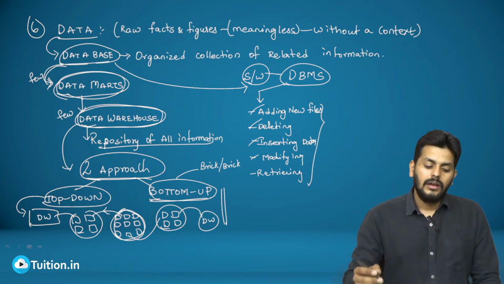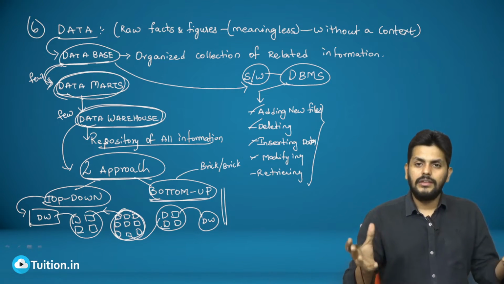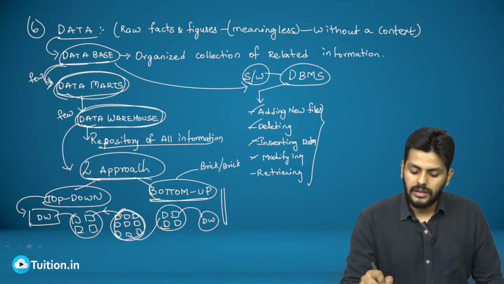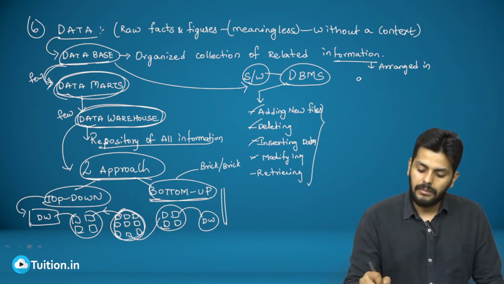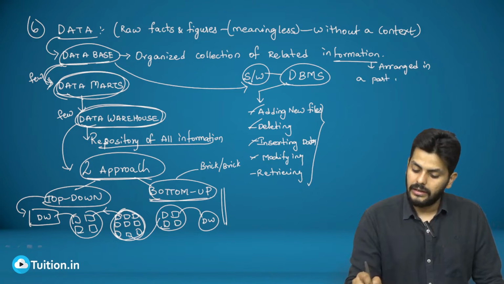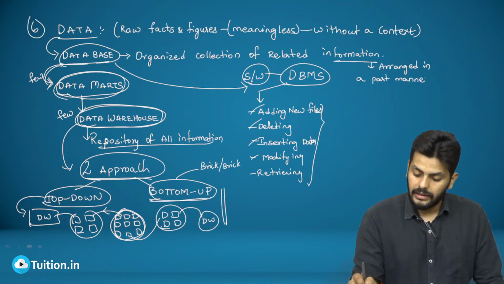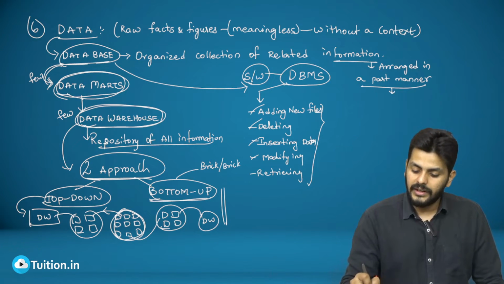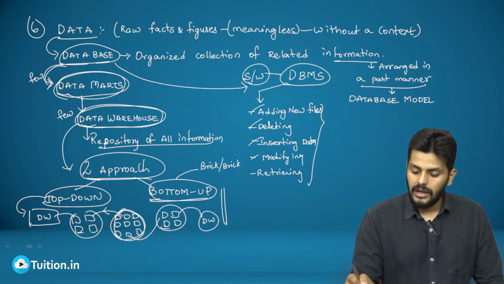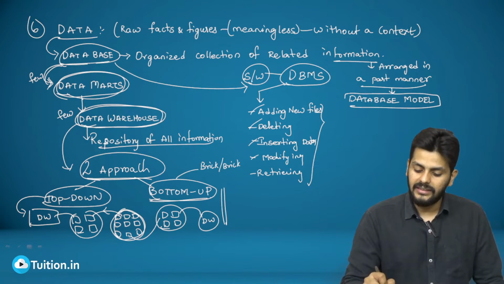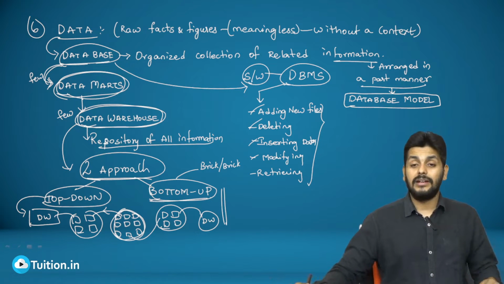And then inside the database the information is arranged in a particular manner. The way data is arranged inside the database is called database models. Database model. How is data arranged inside the database? That is what is called a database model.